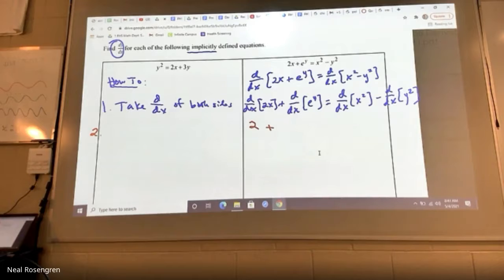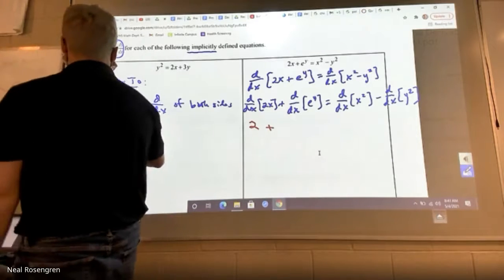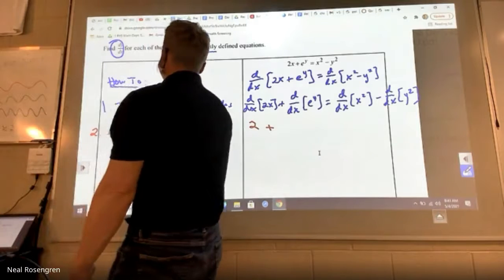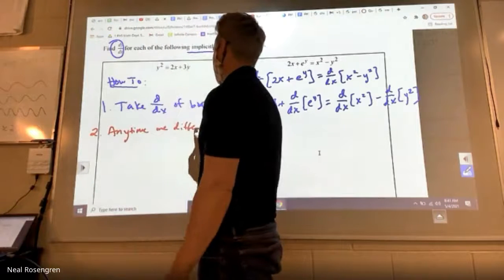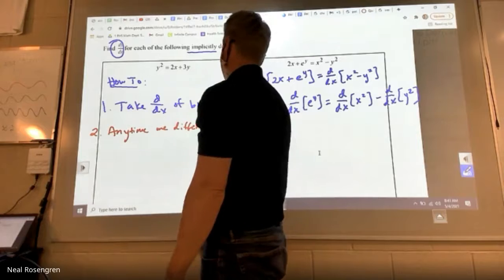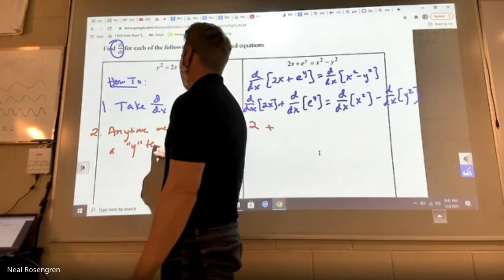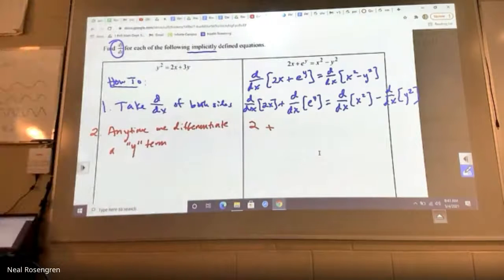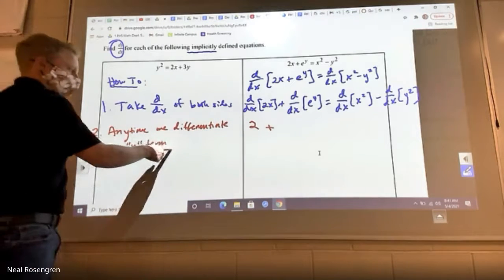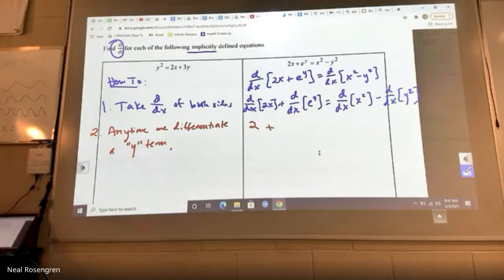But when those variables don't match, anytime we differentiate a y term, anything that has y instead of x, or in addition to, we've got something that we need to do in order to keep track of what we've got.